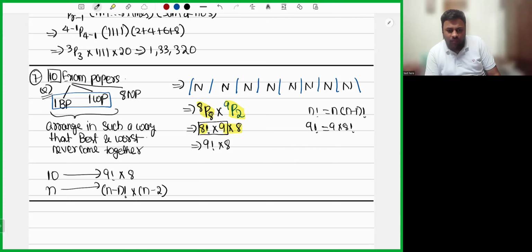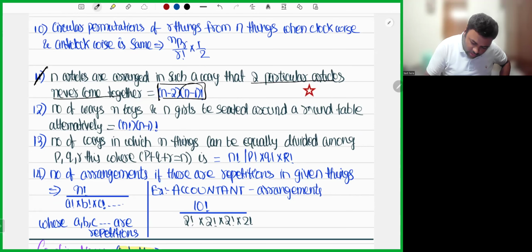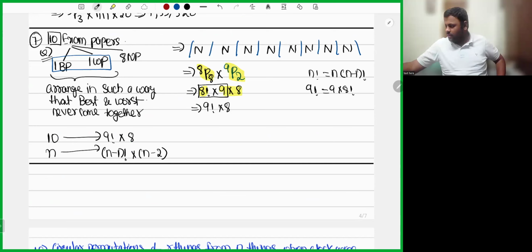If n is there, you'll write (n minus 1) factorial into (n minus 2). That's how I got this (n minus 1) factorial into (n minus 2). It's important. Any issue in this example 7? Any of you? No issue.